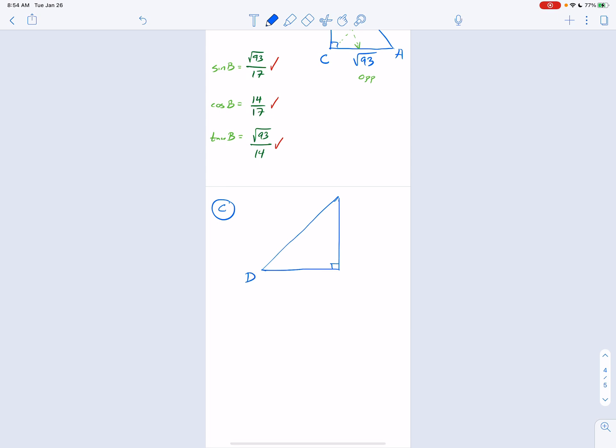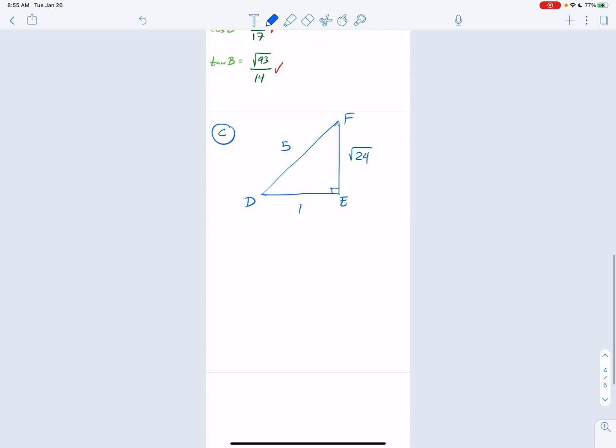Let's call this D, E, F. Hang on, let's do 5, 1, square root of 24.